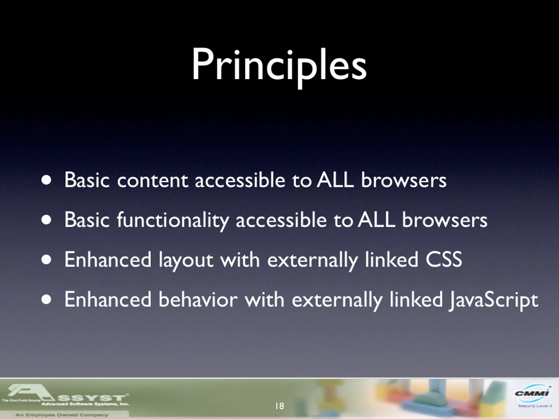Meaning if they don't have something, they can see a text-based version. Then the enhanced layout and enhanced behavior are progressively added to the base behavior and content. So with the combination of responsive design and progressive enhancement, you can create a magical experience where nobody is left behind.